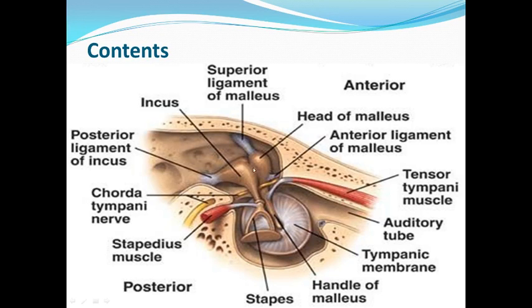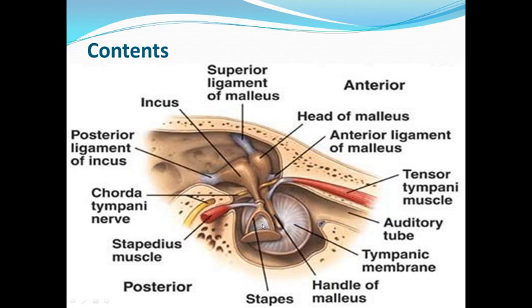You can see this is the incus and this is the malleus. The heads of the incus and malleus, the greater part of these, will be in the epitympanic recess. Now, apart from these three ear ossicles, when I deal with the ear ossicles, there are some very interesting facts regarding ear ossicles in the human body.